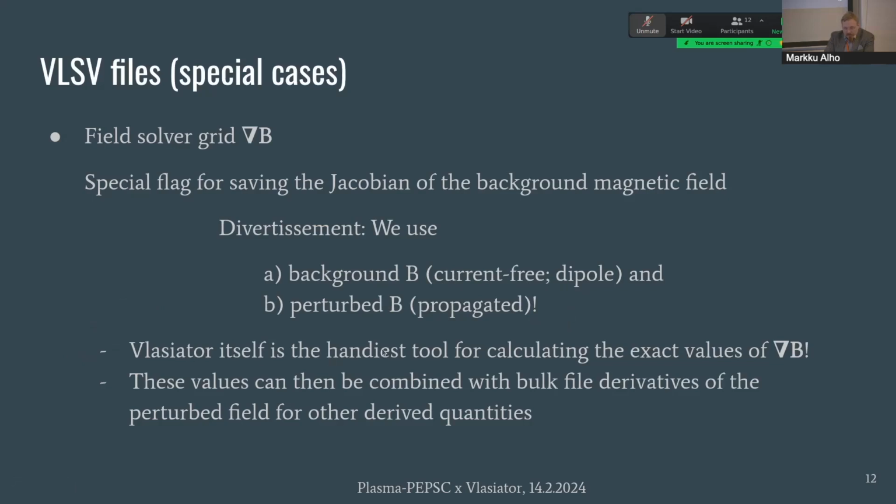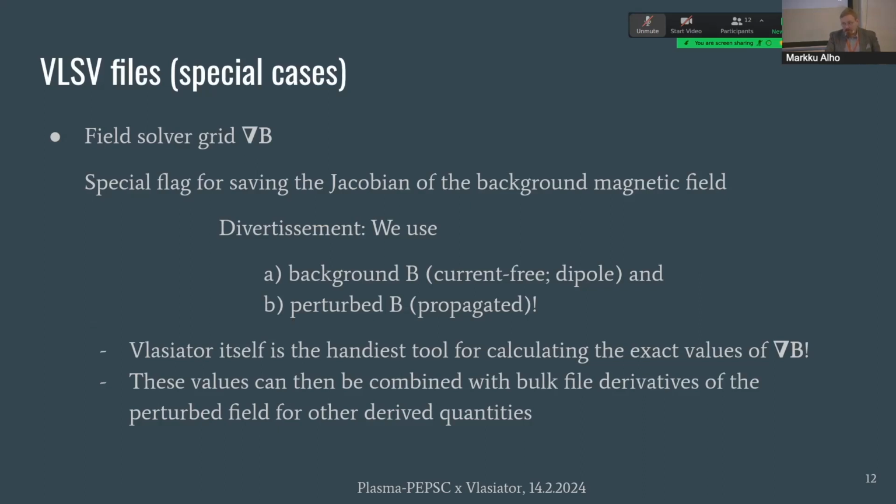But it happens so that Vlasiator itself is kind of the handiest tool that we have for computing the Jacobian of the magnetic field, both for the background and the perturbed magnetic field. So we can actually configure it so that we save the background field Jacobians at initialization or afterwards by running the Vlasiator code with a special flag. And then we can combine these background field Jacobians with runtime Jacobians of this perturbed magnetic field. So we can then do all sorts of nice analysis with very accurate Jacobians.